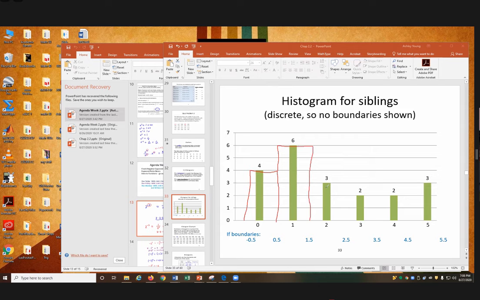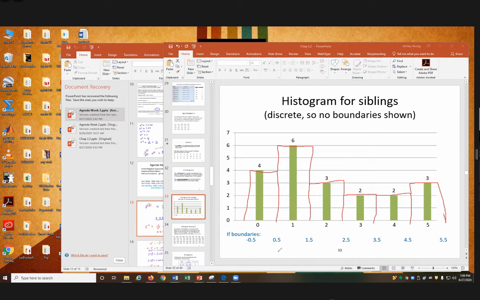And this one would be between these two, and this one's between these two, and that one is between those two. So you could do it like this also. And this always works, even with continuous data, if you use the boundaries. And then you don't have to write these numbers twice, which is also kind of nice. I like that because I'm lazy, and I don't want to have to write both class limits and all of that. So we're going to go ahead and do it this way.